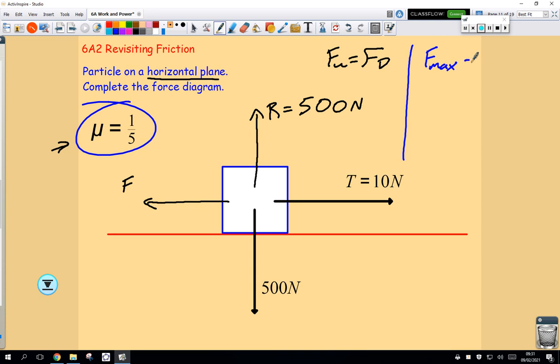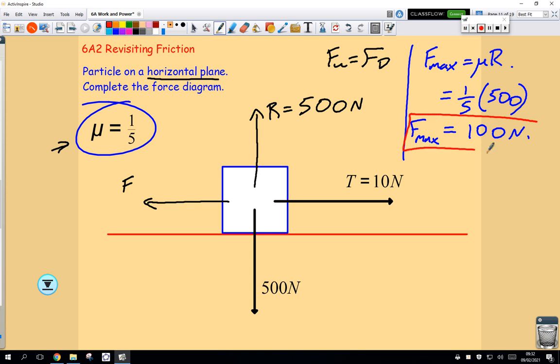The maximum value the friction force can reach is defined as being mu R. In this case, mu is 1/5, and the normal reaction is 500. So friction can reach up to 100 newtons. It's possible that friction could be 100 newtons.